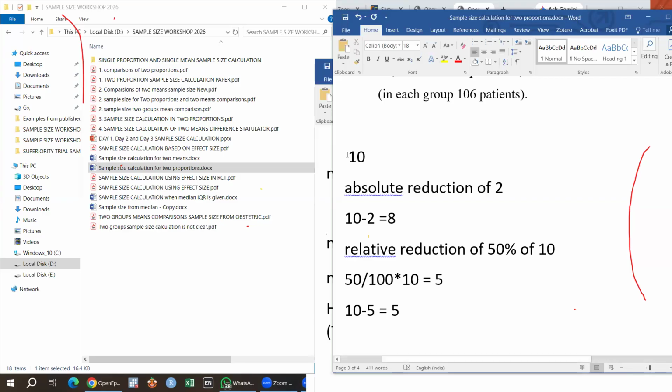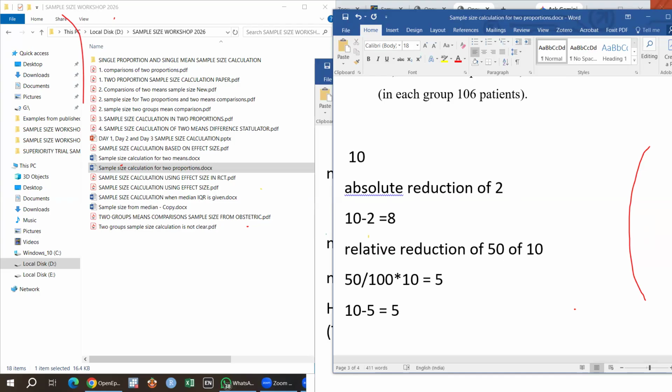So the actual value is 10, with an absolute reduction of 2. So it is 10 minus 2 is equal to 8. And if you are taking a relative reduction of 50% of 10, sometimes it is not given with the percent sign, only a relative reduction of 50 of 10.